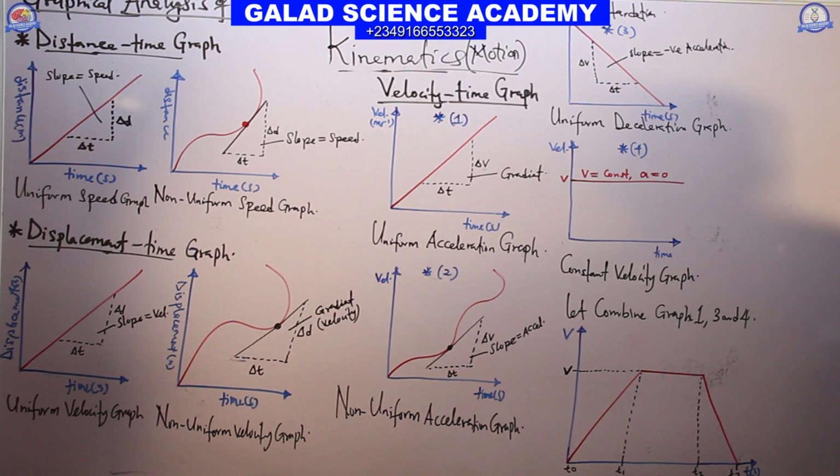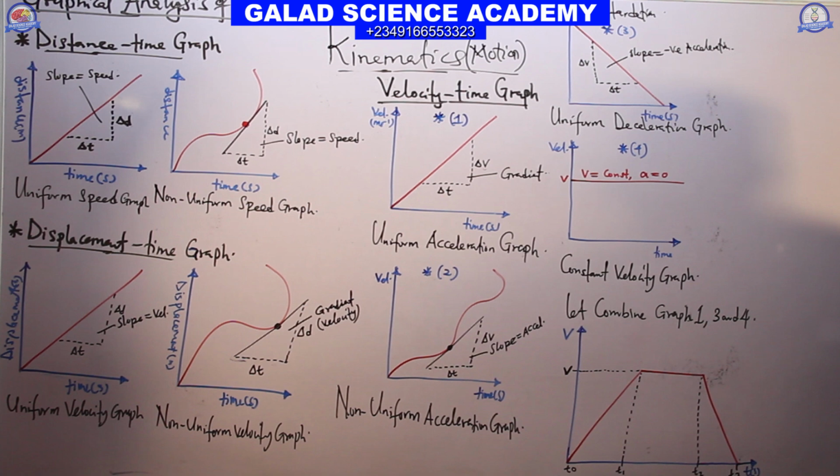To know the slope for this curve, you can pick a point here, draw a tangential line that will touch the curve. Then you can have the change in v, change in t.